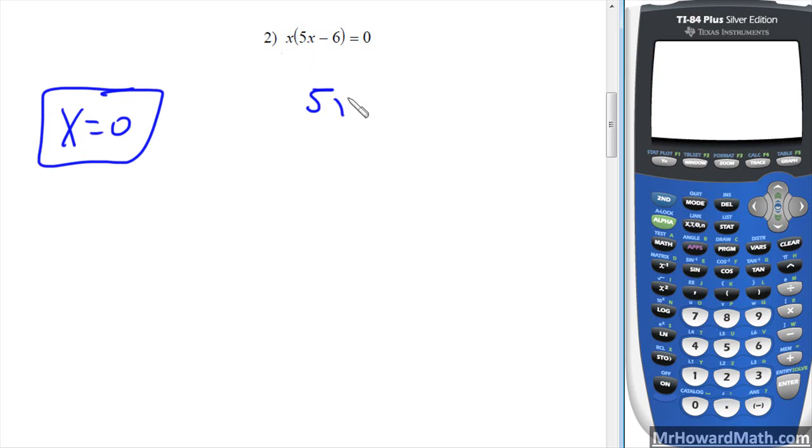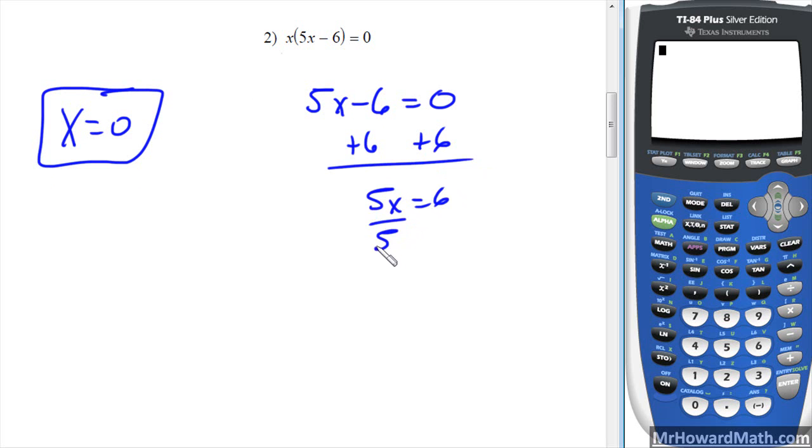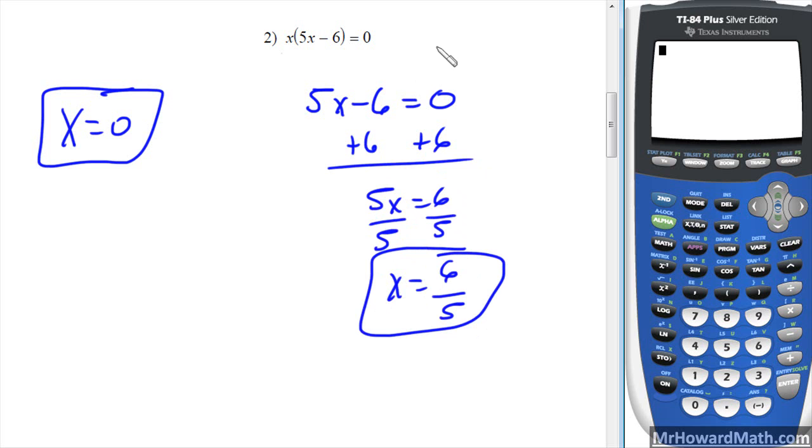It also crosses when 5x minus 6, when that factor is equal to 0. So we add 6 to both sides, we get 5x equals 6, divide by 5, and we get x equals 6/5. So 6/5 and 0 are the solutions, in this case the x-intercepts, for this specific parabola.